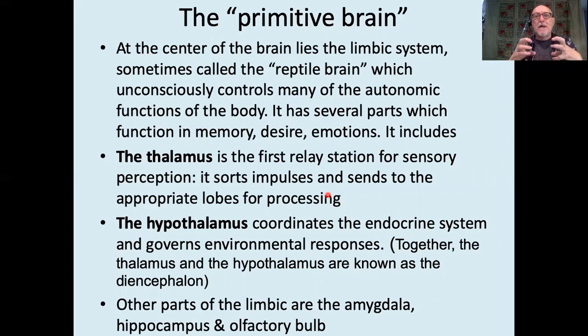The thalamus is where decisions are made, unconscious of course, about where information should go. Much of the sensory information gathered in the rest of the body is relayed first to the thalamus, and the thalamus sorts sensation out and sends it to the correct areas.